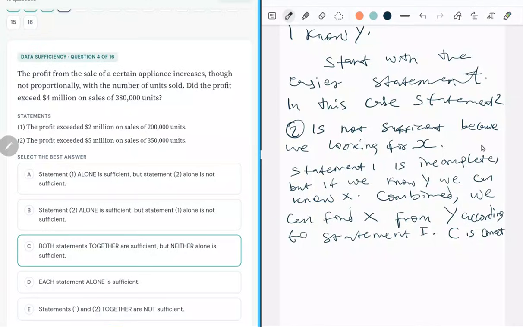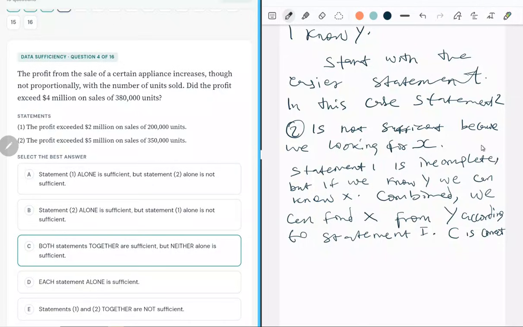Statement 2: the profit exceeded 2 million on sales.